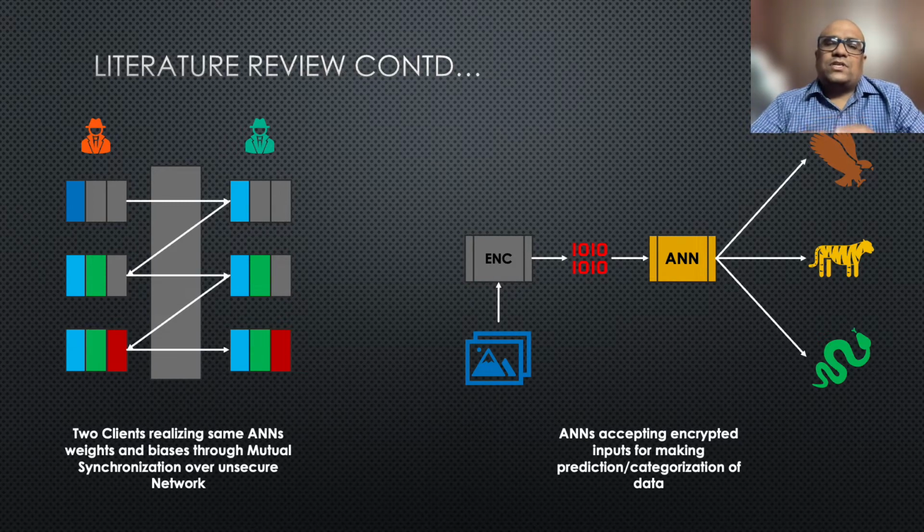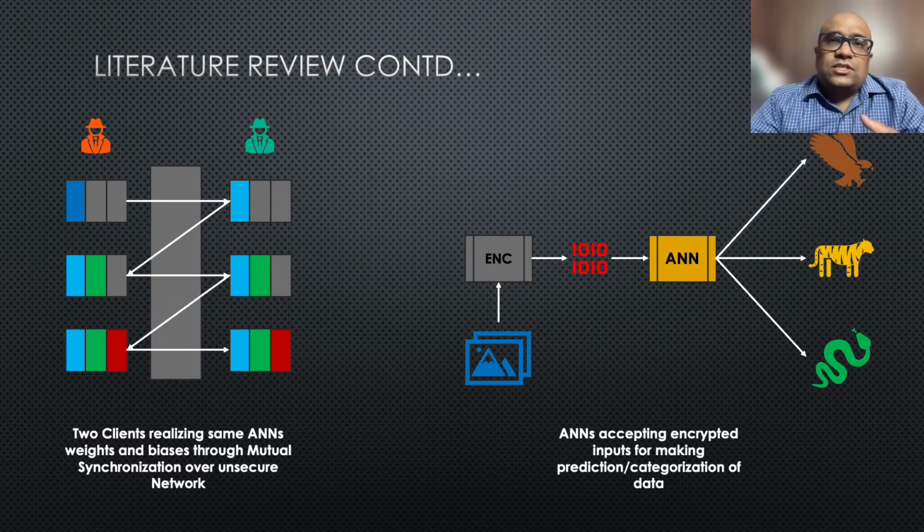But this approach requires more iterations between two clients in order to realize the same ANNs. There is no sharing of the ANN on the network, but the ANNs by themselves have to be trained online, which is a costly thing, and it is non-deterministic also. It takes multiple iterations for them to converge.